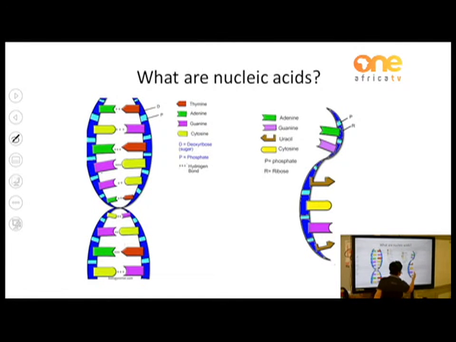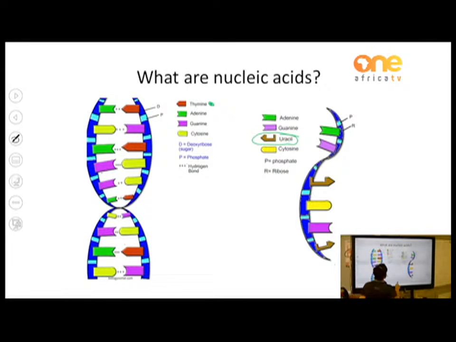Because this is a single strand, no complementary strings, therefore no hydrogen bonds. Then I also see that there is a uracil and there is a thymine. Right. That is important to remember.